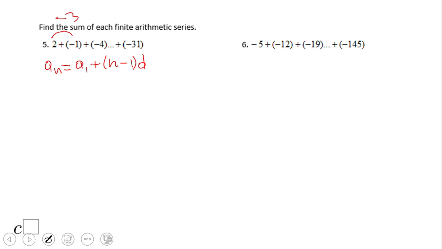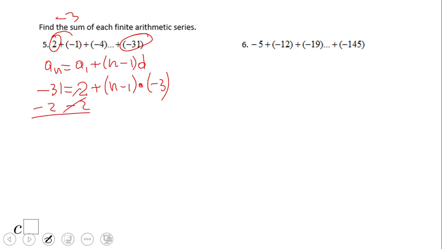So an, if you remember, the last term in this arithmetic sequence, which is -31, equals 2, the first term, plus n-1, don't forget the n-1, times the common difference -3. So subtract 2 here to cancel out these two.